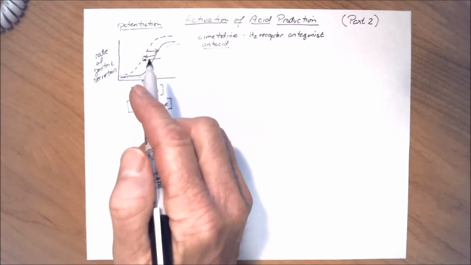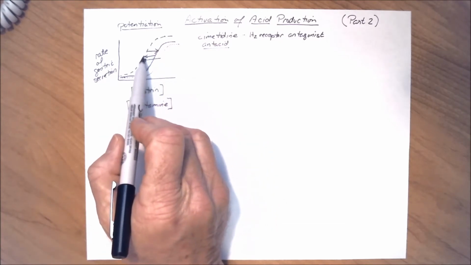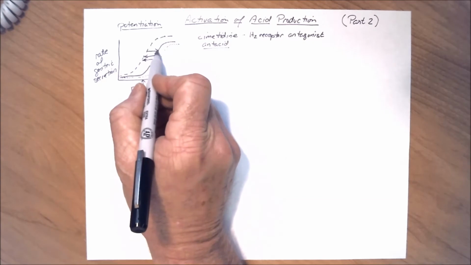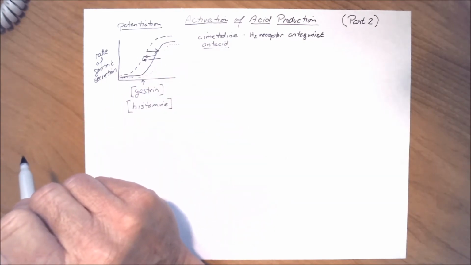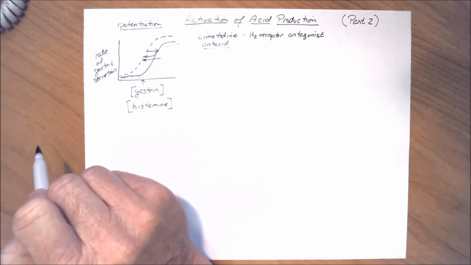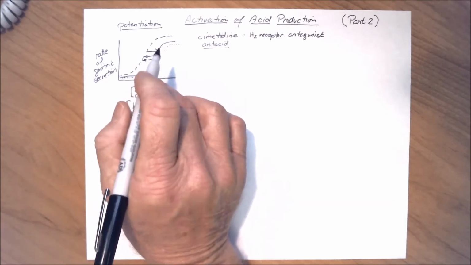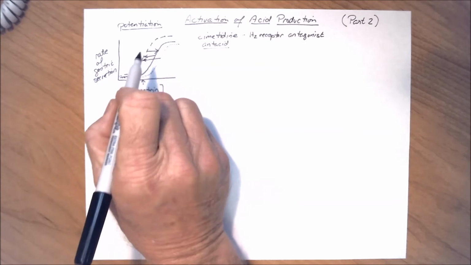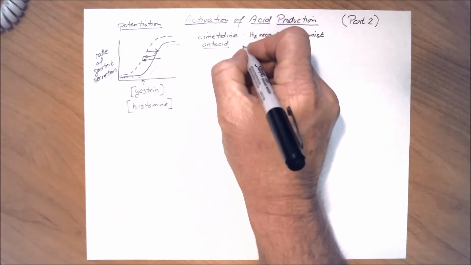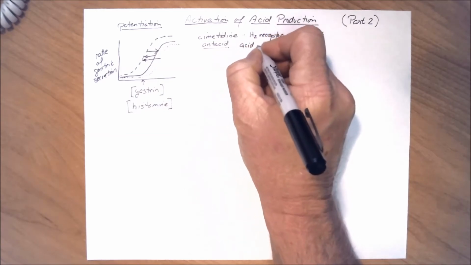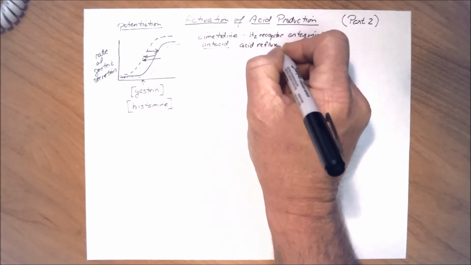But what it's blocking is the effect of potentiation. So we still get some acid secretion, which is still very important for the stomach's function, but we do have a reduction in acid secretion, which as we know can help alleviate the symptoms of acid reflux.